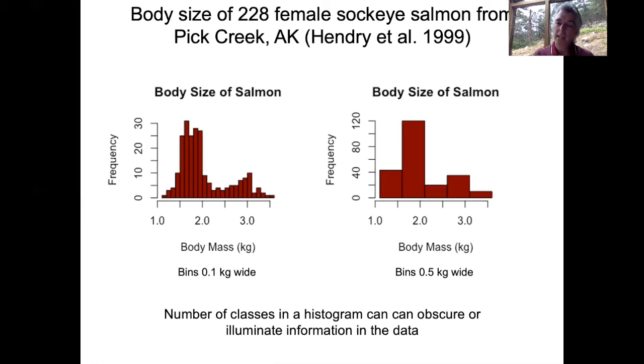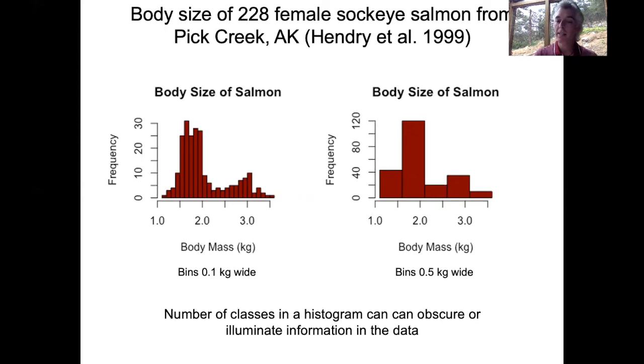Here we have that same data set of the body masses of sockeye salmon in both of these histograms. And all I've done is change the size of the bin along the x-axis. This histogram has bin sizes of 0.1 kilograms wide, whereas in this example on the right, the bins are much larger.